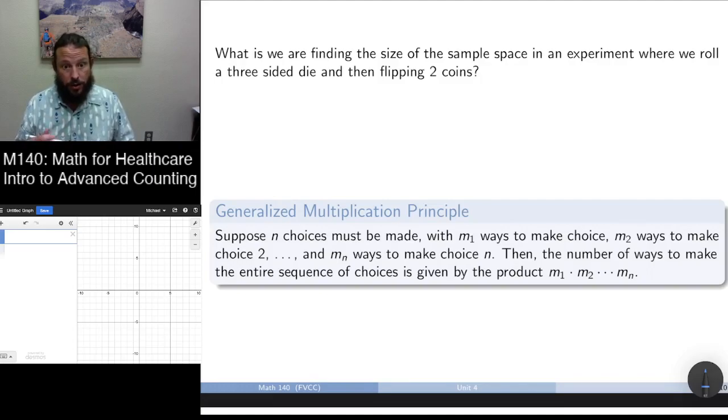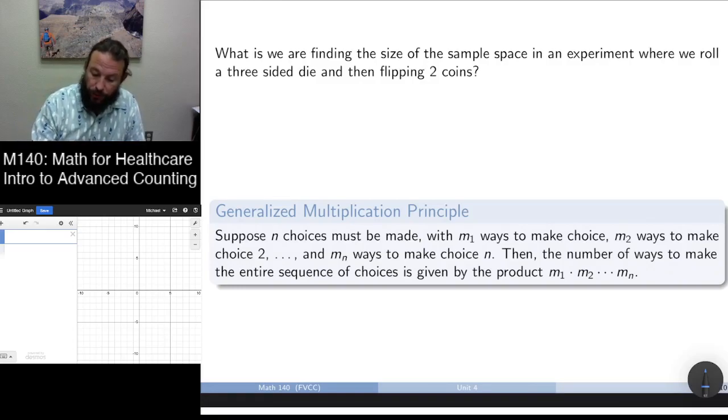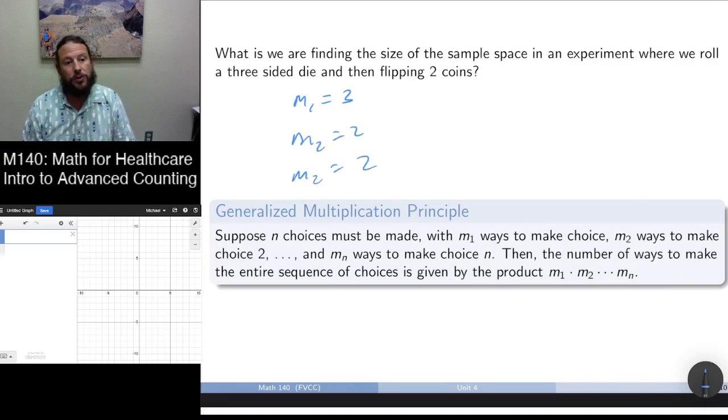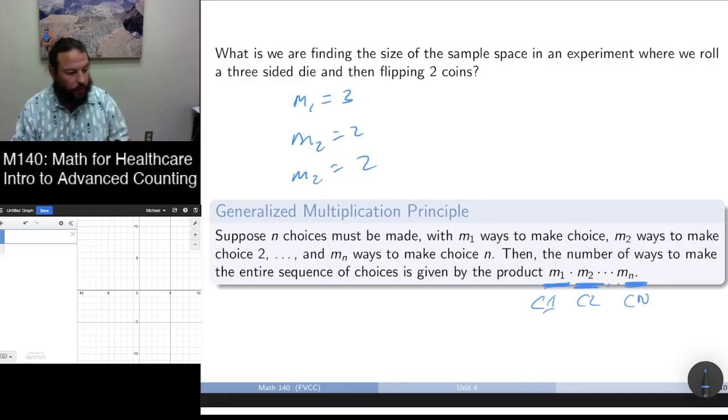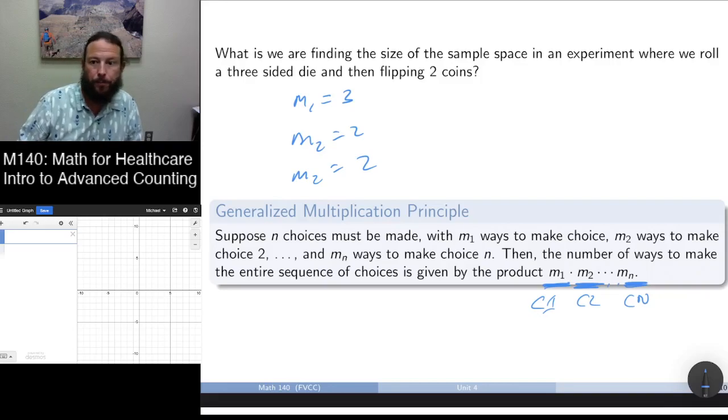The product of m1 times m2 all the way through mn. So in this case, with the 3-sided die and flipping 2 coins, you could say m1 equals 3, m2 equals 2, and m3 equals 2. And we multiplied those all together. Really, I think of it as choice 1, choice 2, up to choice n, choice or task, whatever it is.